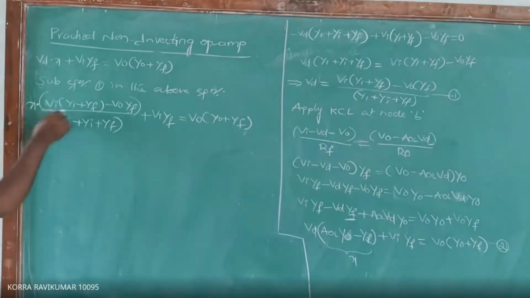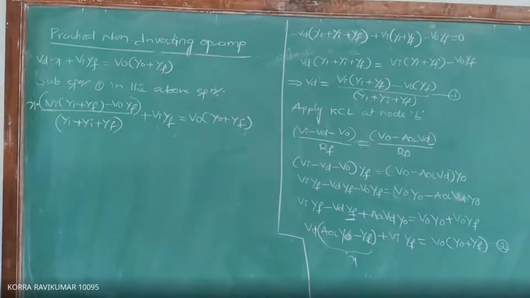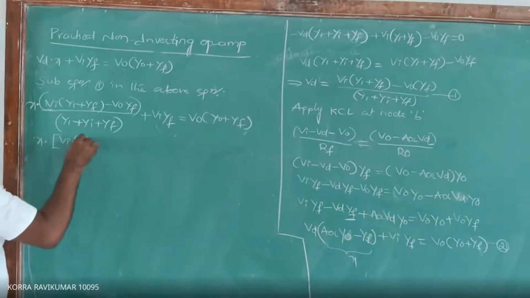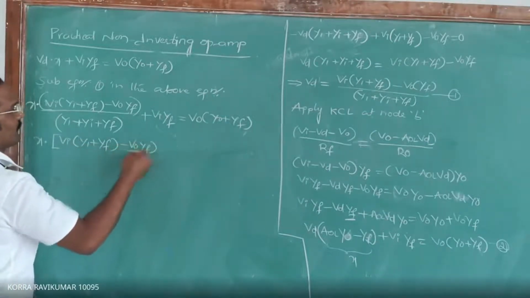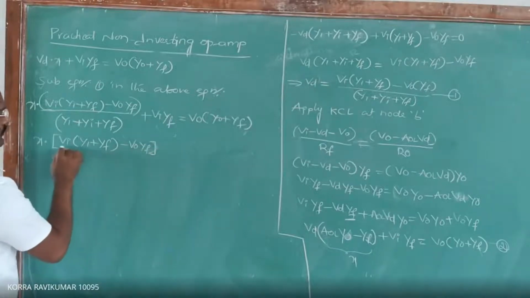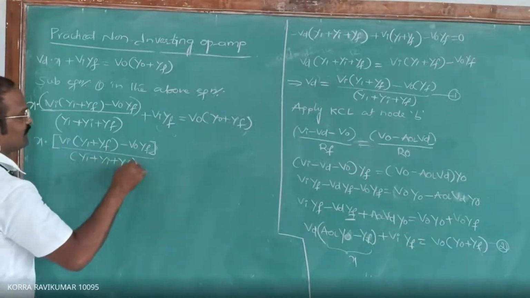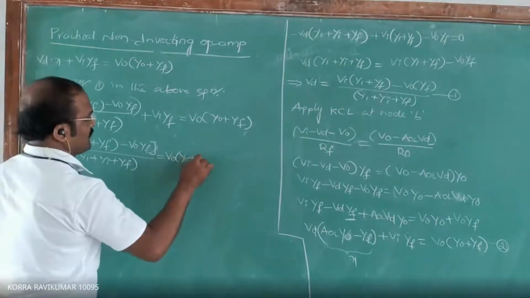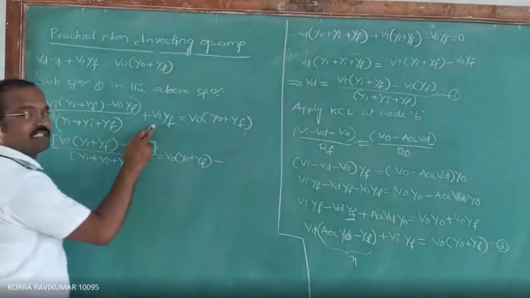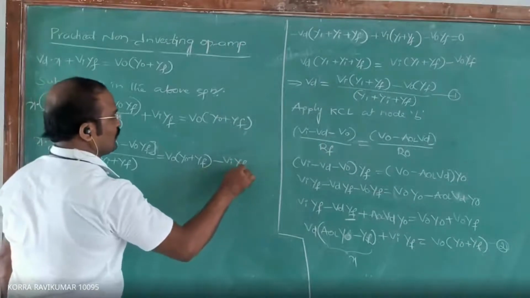Here, send this Vi into Yf to the RHS. Then X into Vi of (Y1 plus Yf) minus V0 into Yf, whole divided by (Y1 plus Yi plus Yf), equals V0 of (Y0 plus Yf) minus, sending this Vi term to the right hand side, Vi into Yf.